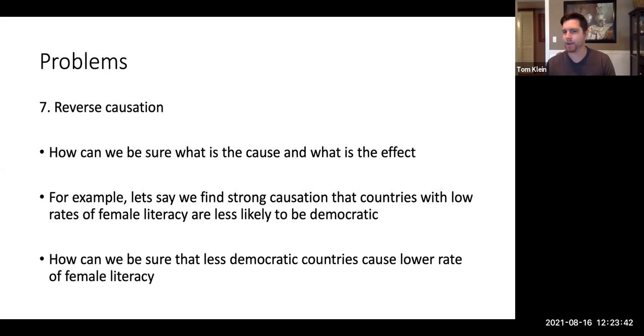So it's a chicken and the egg question, right? Again, I'll repeat that because it gets a little confusing. Does a lack of democracy cause a lack of female literacy, or does a lack of female literacy cause a lack of democracy, right? It's very difficult to determine, and we'd have to research that case and try to solve that problem. That's what we call reverse causation. That's a problem we sometimes run into in comparative research.